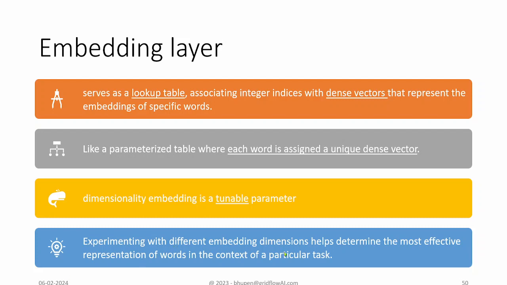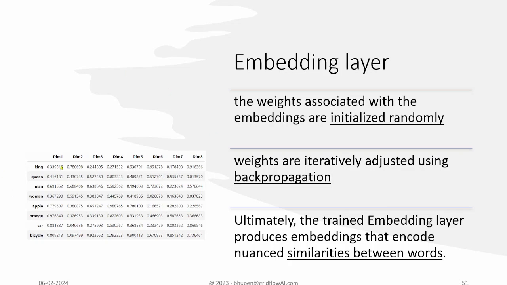Experimenting with different embedding dimensions is a crucial part of your project to determine the optimal value. Essentially, the embedding layer will look symbolically like this. Let's say arbitrarily these are your words, and each row is the vector representation for the word on the left-hand side.